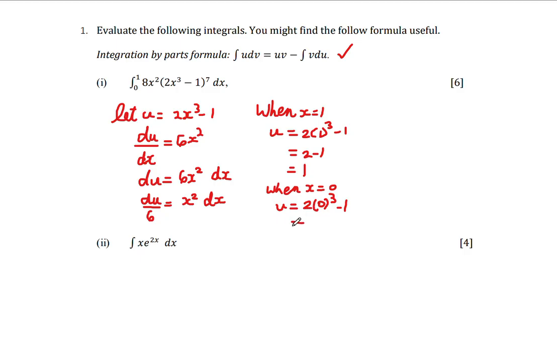So 0 cubed would be 0, so we get 0 minus 1, which is negative 1. So the new limits of my integral are 1 and negative 1.